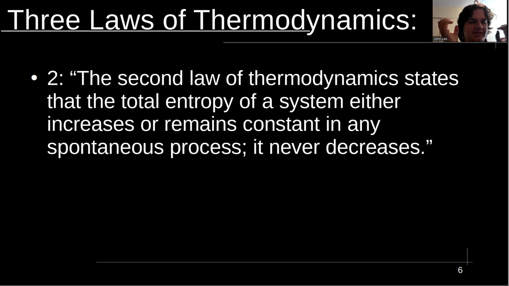It's not going to have the same chemical bonds. It's going to be very hard to put back together, but you'll never see the glass come up off the ground and jump onto the table and mend itself back together, which would be a decrease in entropy.